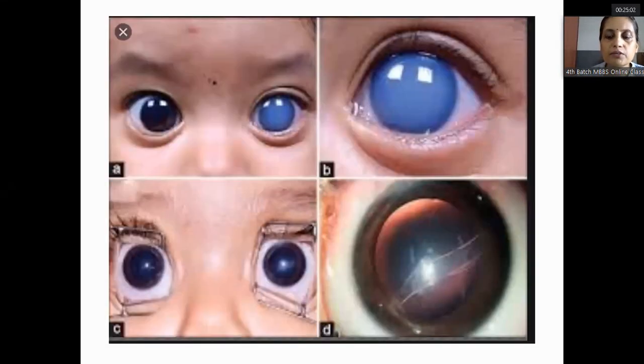In this picture you can see the cornea with the increase in diameter. This one is not a very edematous cornea. Over here, this is a more edematous cornea. The whole of the cornea is hazy. You can see the whitish cornea with a somewhat bluish tinge, and you can see over here the Haab's striae, the parallel concentric lines towards the limbus.